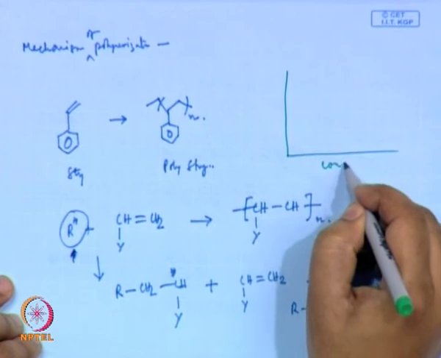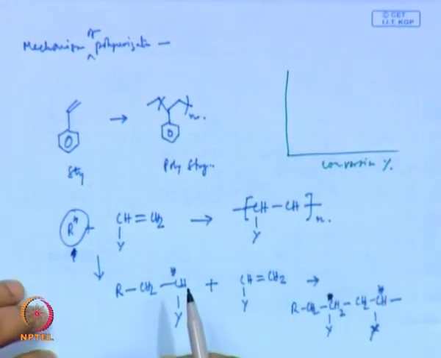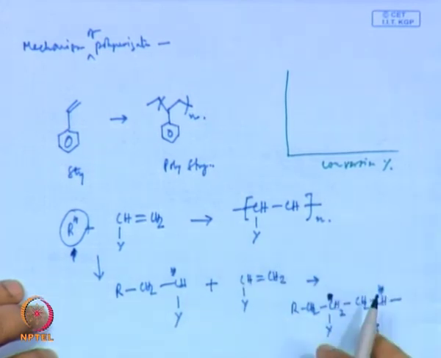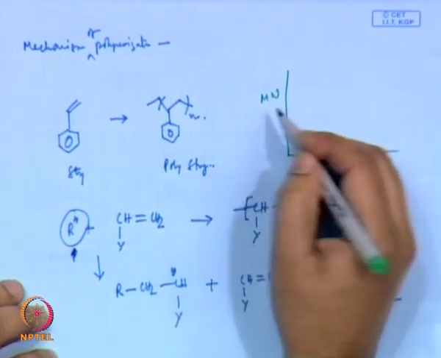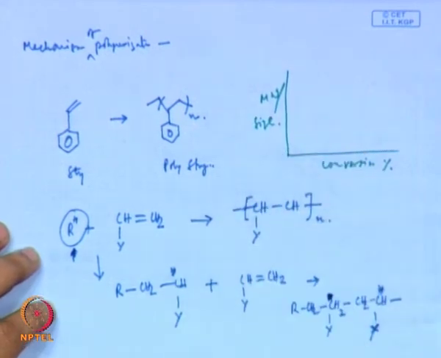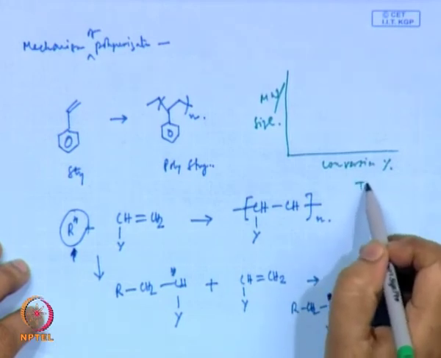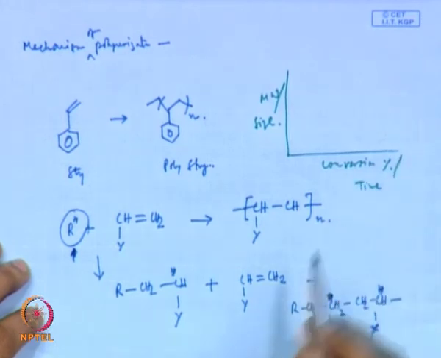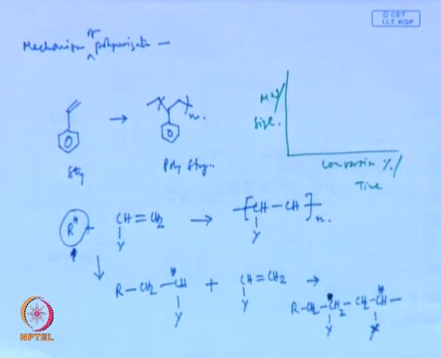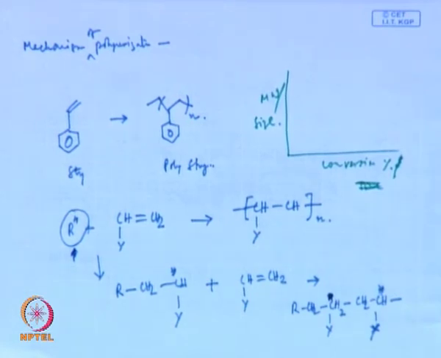conversion, say percentage conversion, which means the fraction of monomers that has reacted or disappeared from the reaction medium, with the molecular weight or the size of the chain. What do we expect with time? And conversion is also, you can also write time. Let us talk about conversion now.